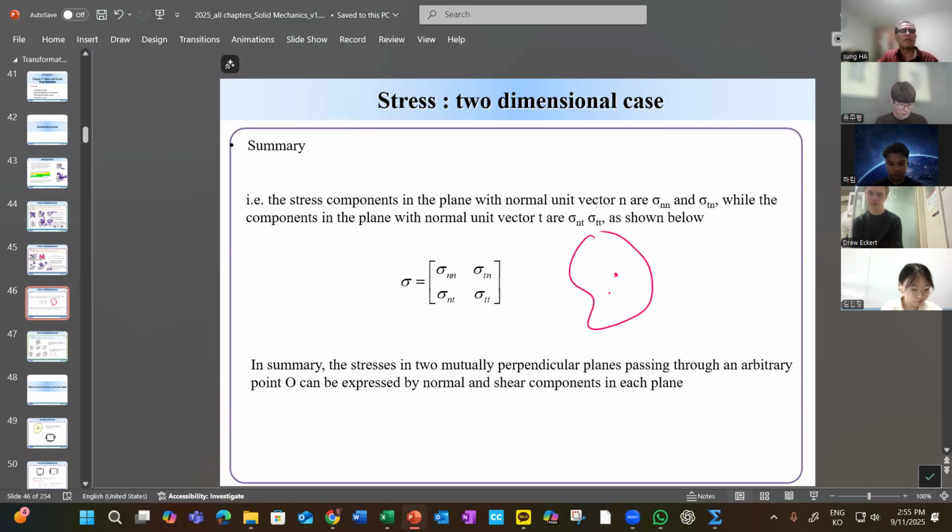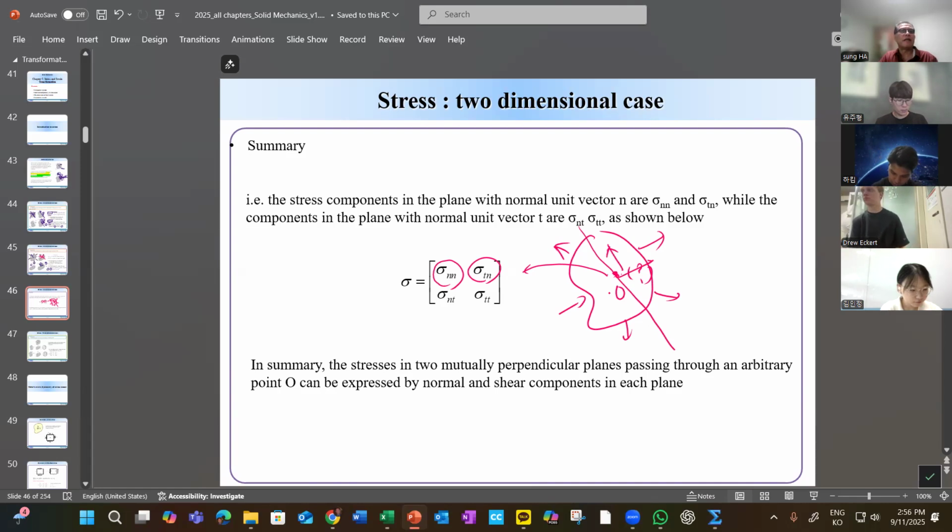So we have a body and we have an O, and what is going on here? How do we define internal forces? There will be something going on because of all the external forces, and what's going on can be represented by this 2 by 2. One is sigma nn and sigma tn, like this, and then this and that.